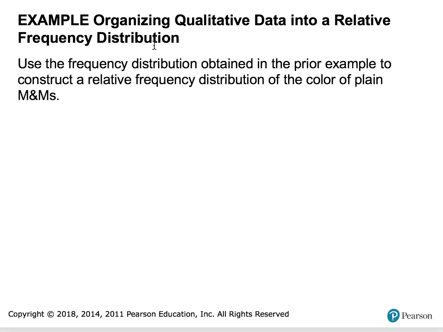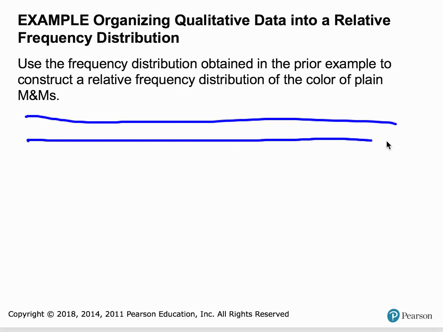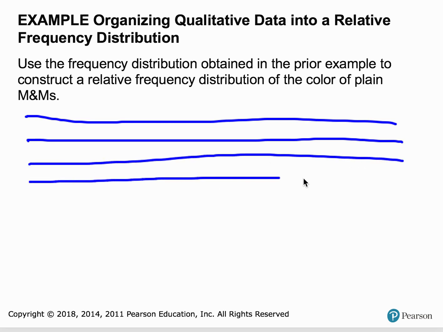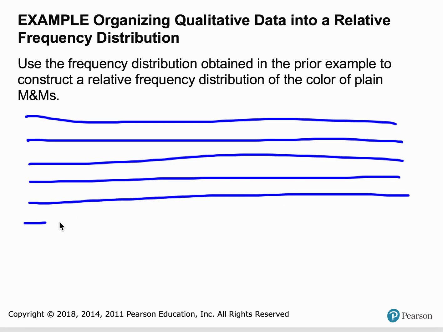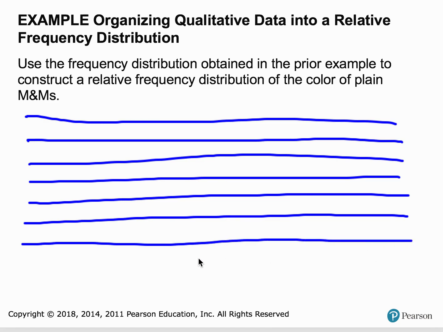So for example, if we were asked to construct a relative frequency distribution, let me get my pen, we would have that same table. 1, 2, 3, 4, 5, and then our total.